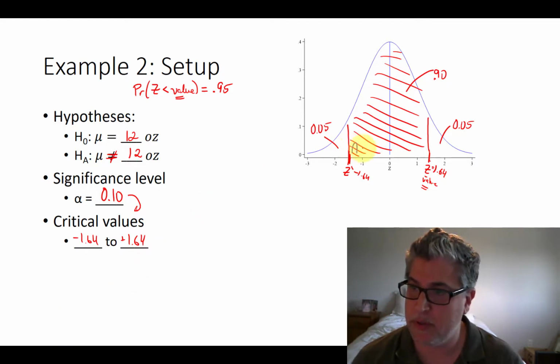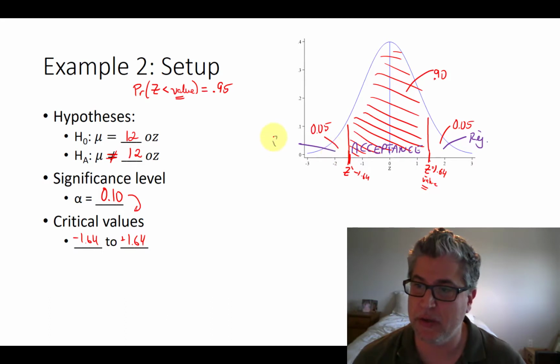All right. So we have acceptance in here and rejection regions here. And these are our critical values.